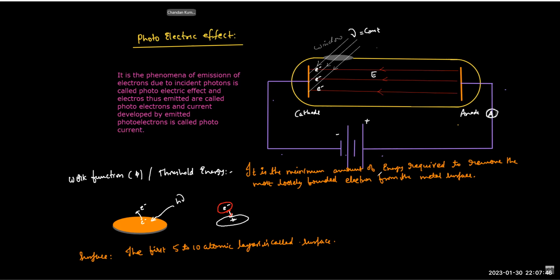Now, one thing is clear, that it is energy generally required to overcome the attractive force of the layer. So you may leave your layer, go to the next layer, and there you will make some collision, and eventually you will lose your extra energy, and then you will remain confined within the lattice.